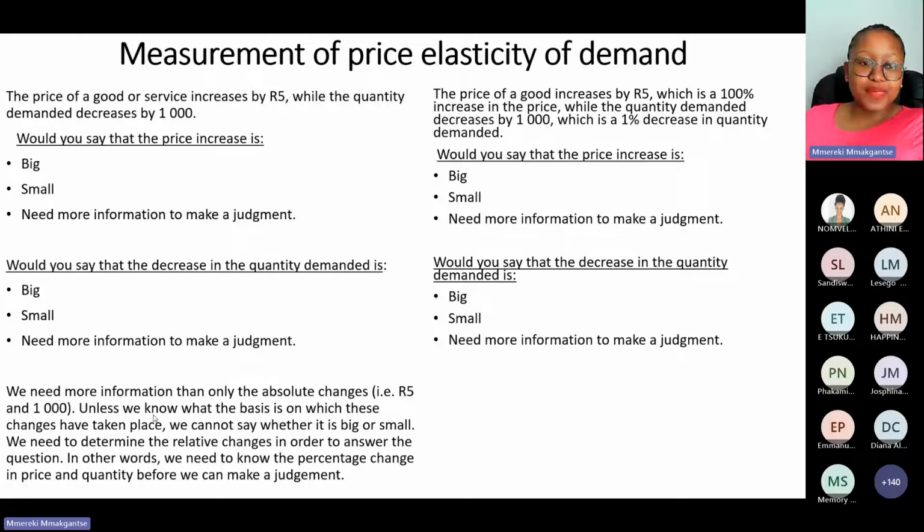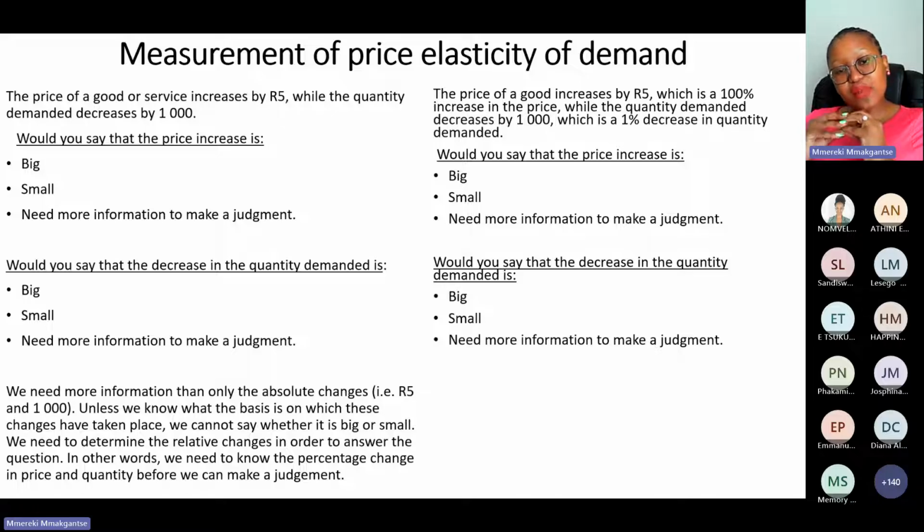Remember, in the beginning slides, when we were making our example, if price were to increase from 3 rand to 4 rand, what will happen to quantity demanded? We said that we want to check with elasticity.